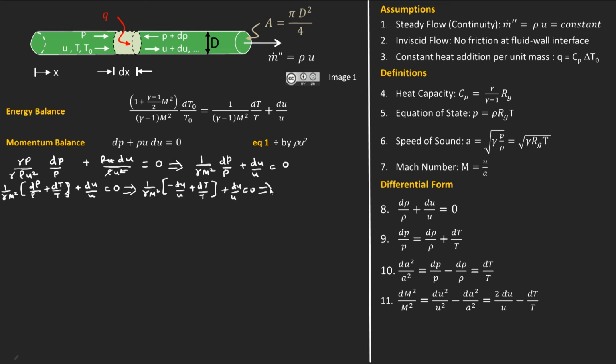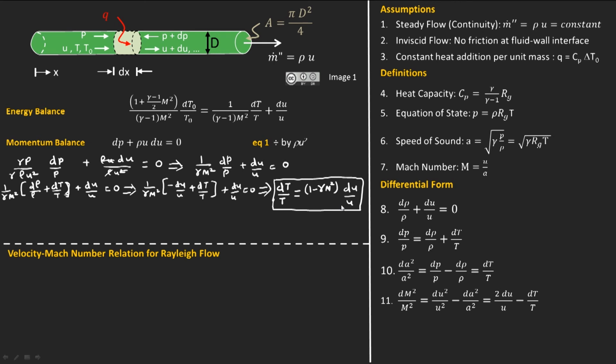Without showing the rearrangement, I'm going to claim that I can write this out as dt over t equals 1 minus gamma M square multiplied by du over u. Let's box this equation and keep it. It's going to be a useful equation for us. Again, the process of getting from here to here is some simple algebra which I've left for you to work out on your own.